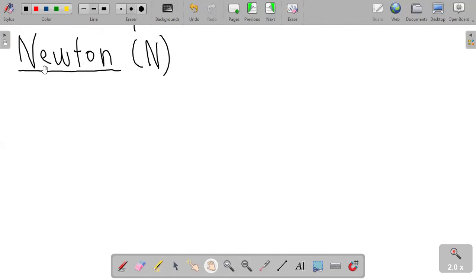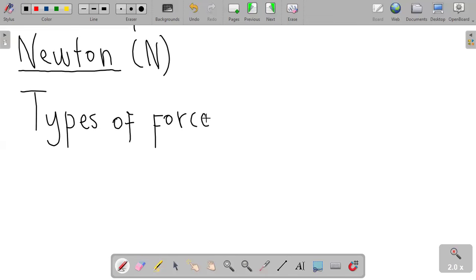And then from there we have to know the types of forces. The types of forces that we're going to be looking at. So there are only 2 types of forces here.